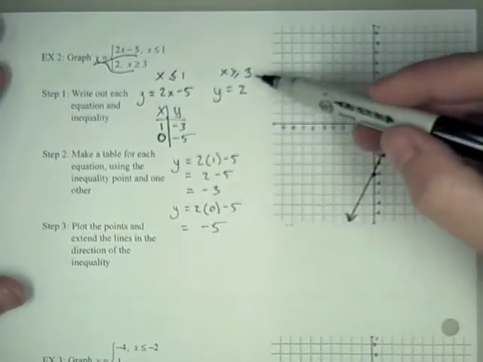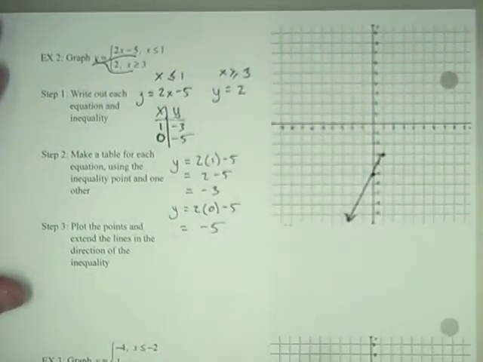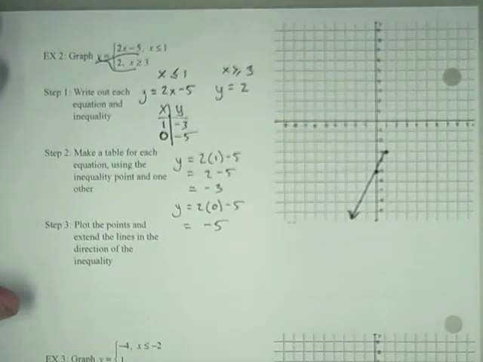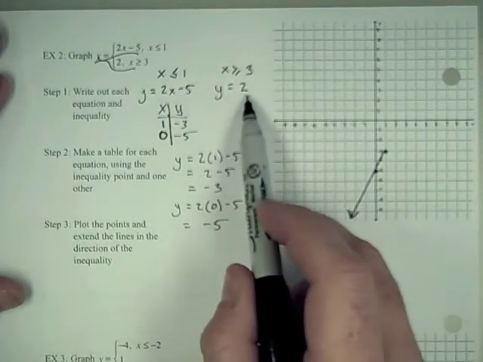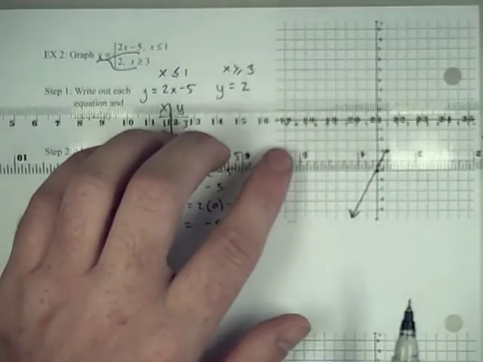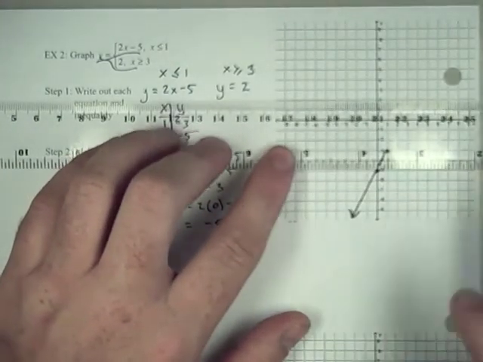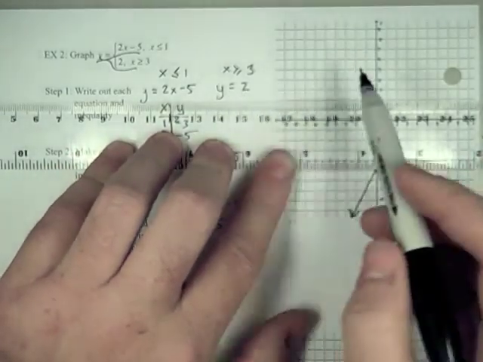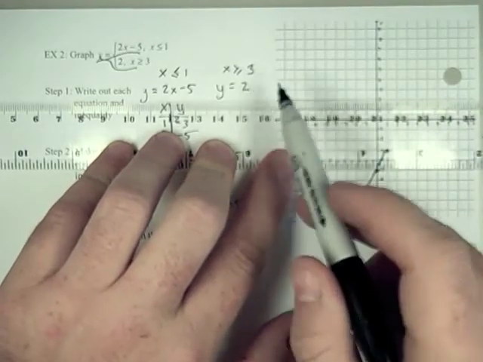Now, with this one, we have y equals 2. You could make yourself a table if you wanted to, but you don't have to. When you see y equals a number, you should know that that means a horizontal line at that number. So a horizontal line at 2. Y equals a number is always a horizontal line at that number.